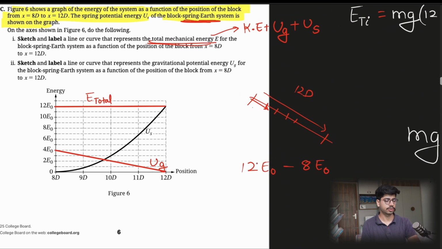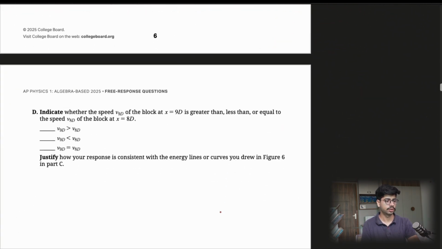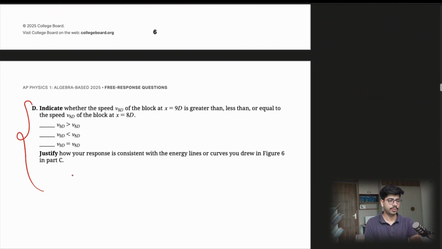Now the next part of the question is whether the speed of the block at x equals 9D is greater than, equal to, or less than the speed at 8D of the block.